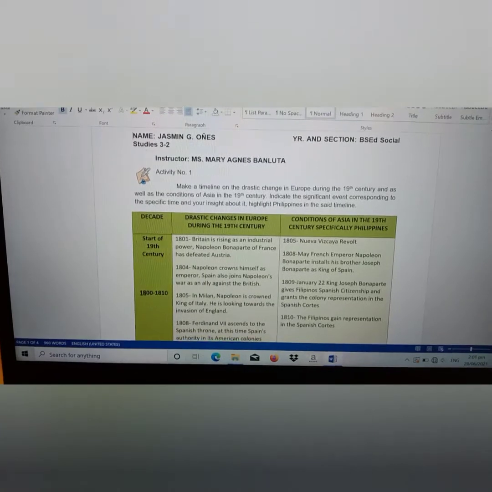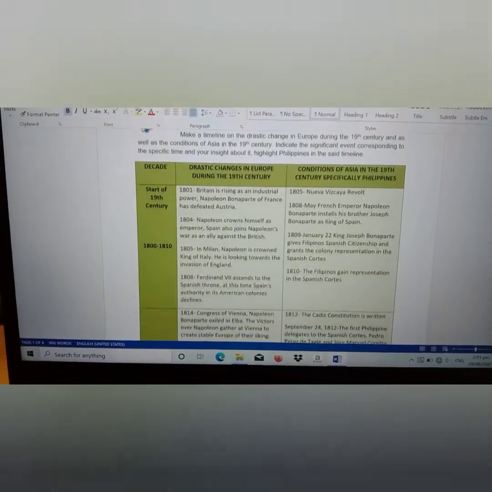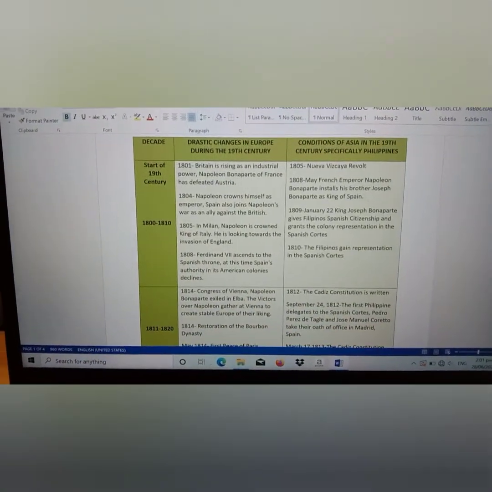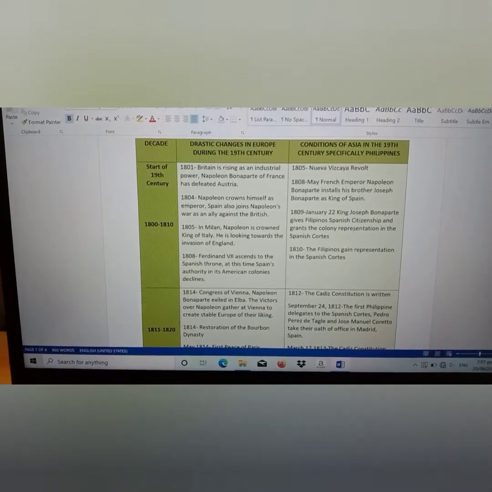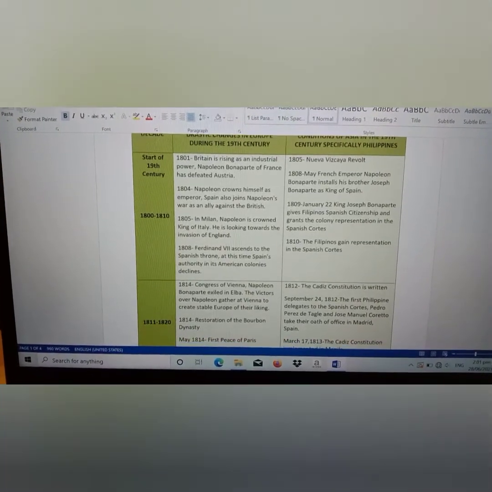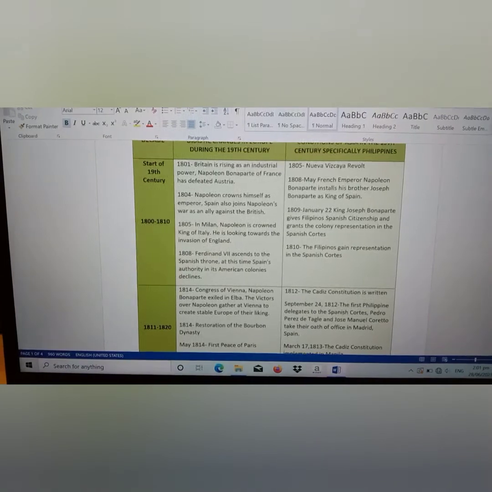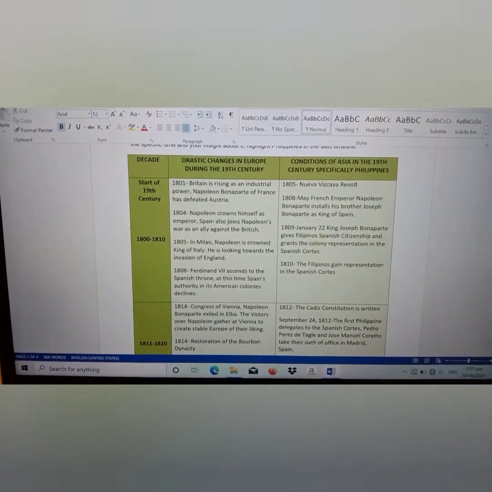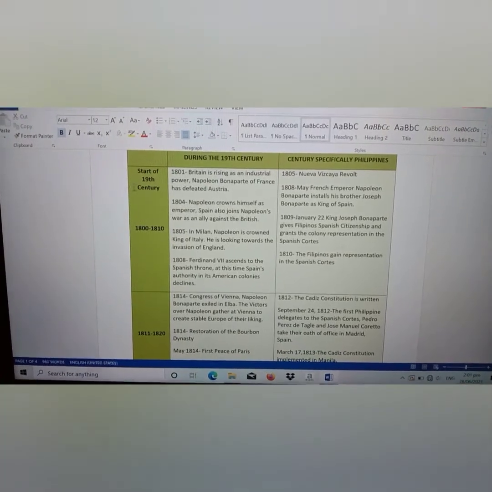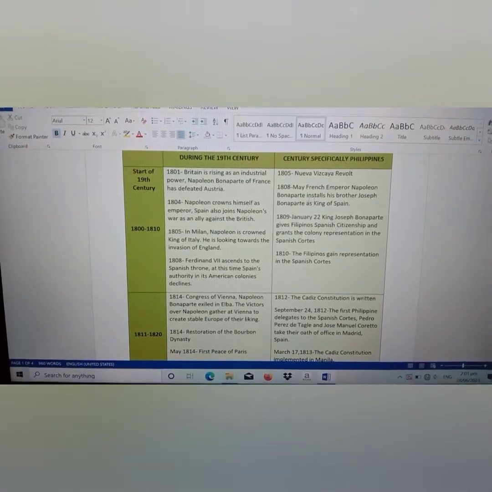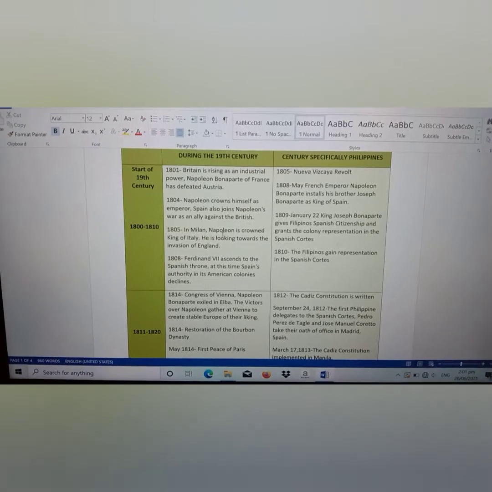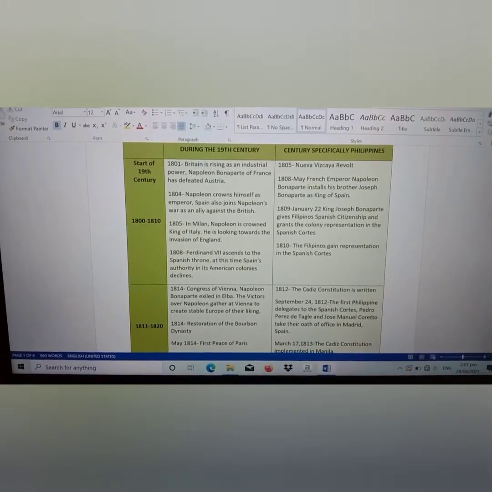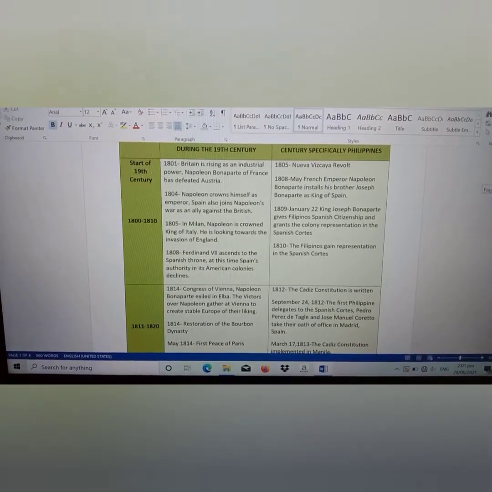She included activity number 1, and she passed the activity in her simplest way with a little touch of creativity. She uses colors and a table.